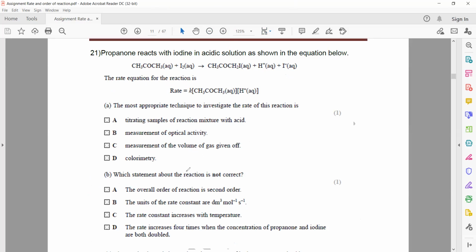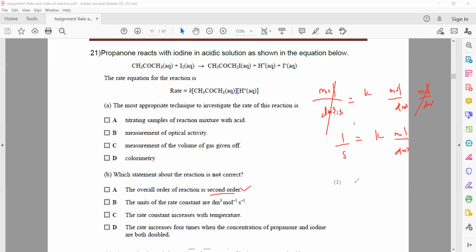So when we check which statement is not correct, the overall reaction is second order, that's true. The unit of rate constant is also correct, because when you work out the unit of the rate, it is mole per dm cube second, k, mole per dm cube, and mole per dm cube. So this mole per dm cube will cancel with this. So we are left with 1 over second, and mole, dm cube.